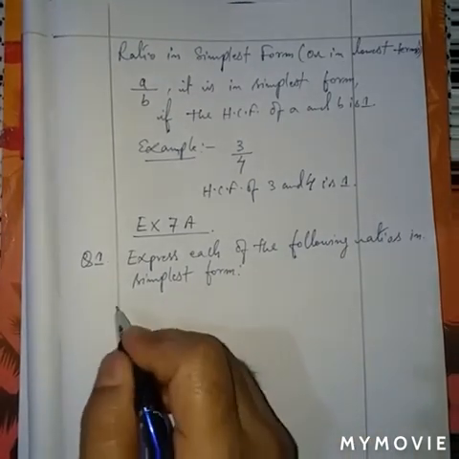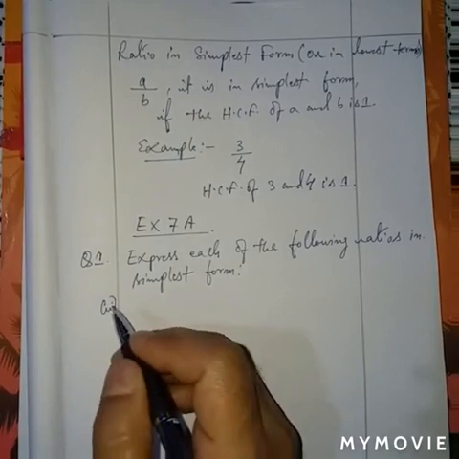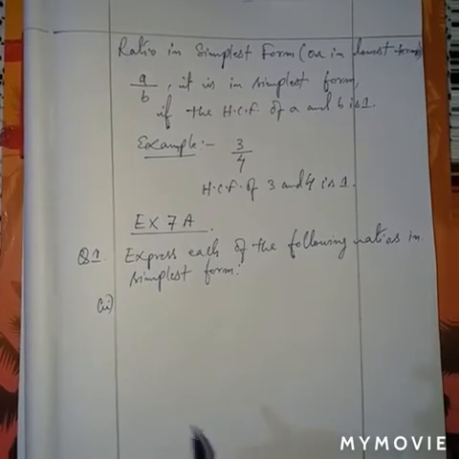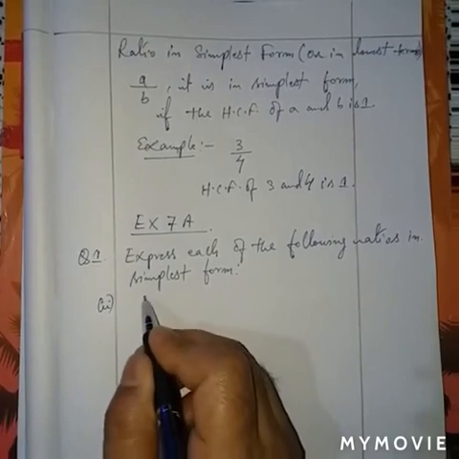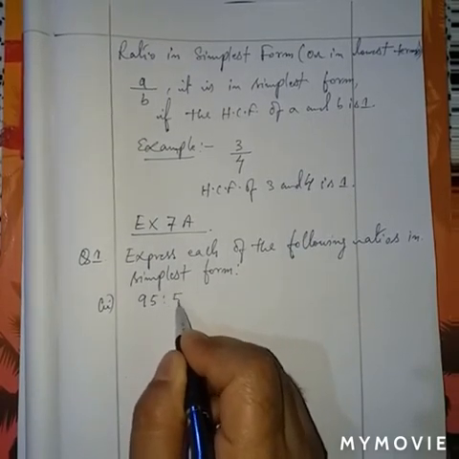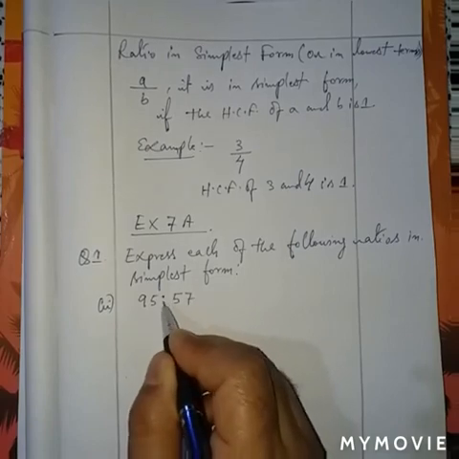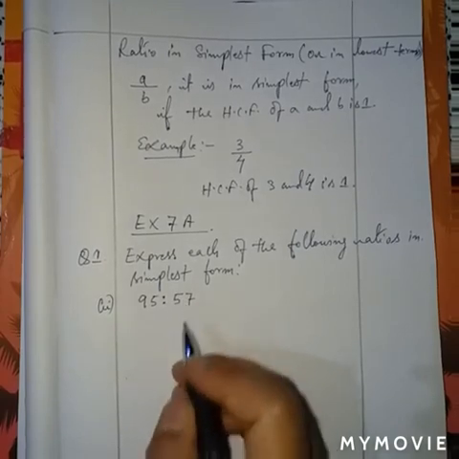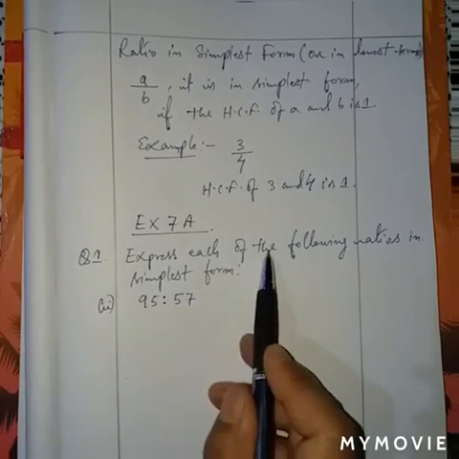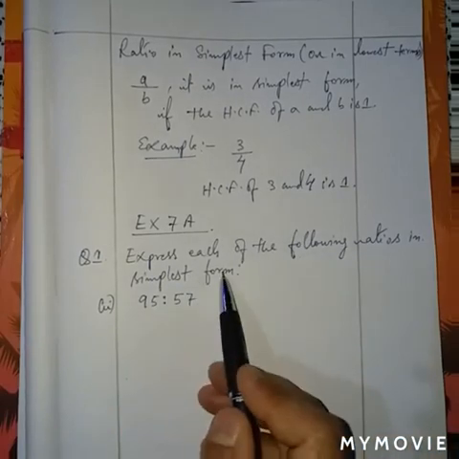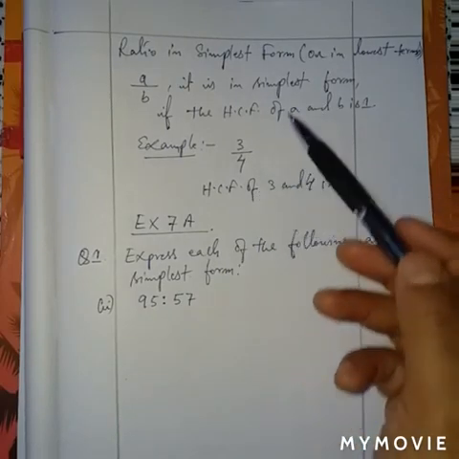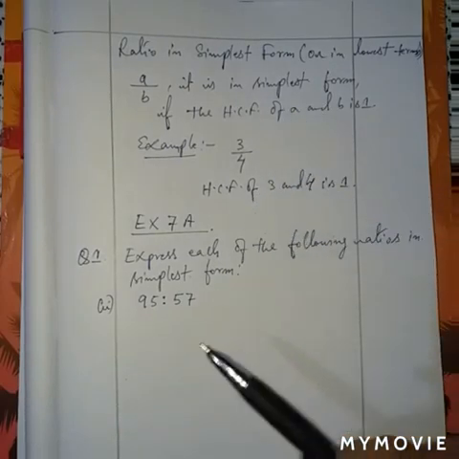Question number 2 is 95 is to 57. We will read this as "is to". What is the question? Express each of the following ratios in simplest form. So we have to follow these rules.